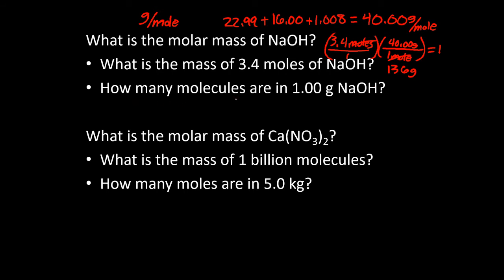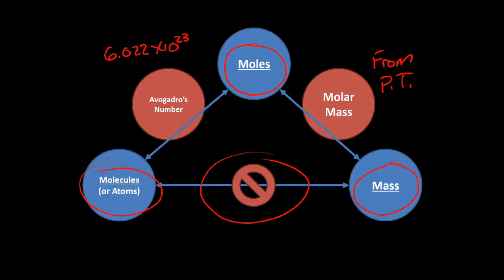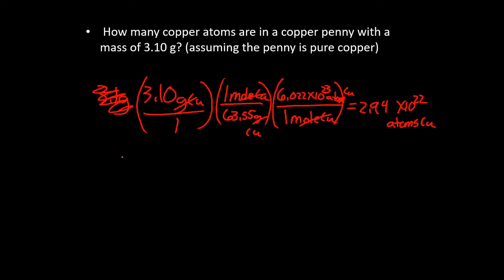So then the last question here on this top part, how many molecules are in 1 gram? Well, we can do that here. If we have 1 gram of sodium hydroxide, we want to know how many molecules there are. We are going to be going from a mass of 1 gram to the number of molecules. So we're going to have to go to moles first, and then use Avogadro's number.